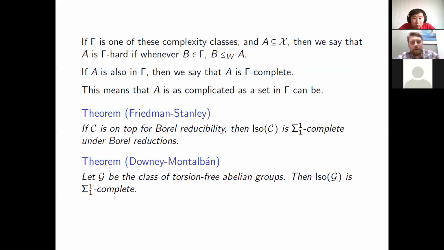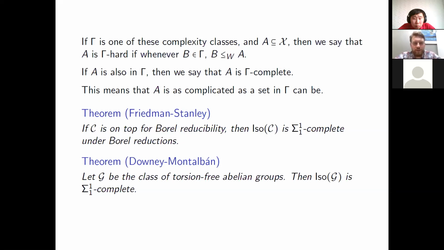And Friedman and Stanley showed that if you have something that's on top for Borel reducibility, this previous idea of complexity, then the isomorphism problem is Sigma 1-1 complete, but we have to use Borel reductions rather than continuous. So there's some connection between these two complexities.